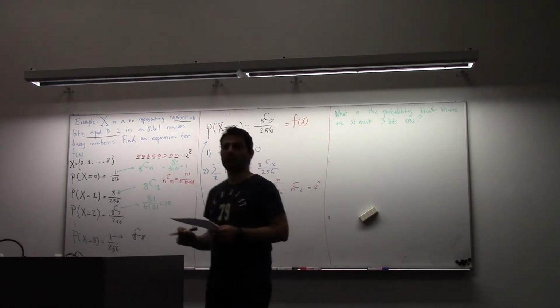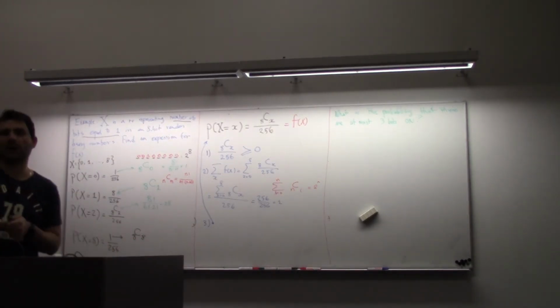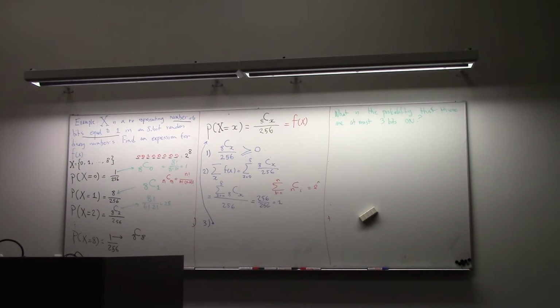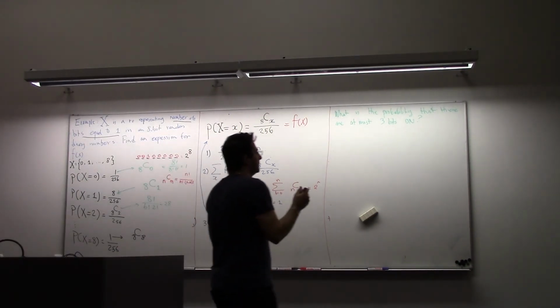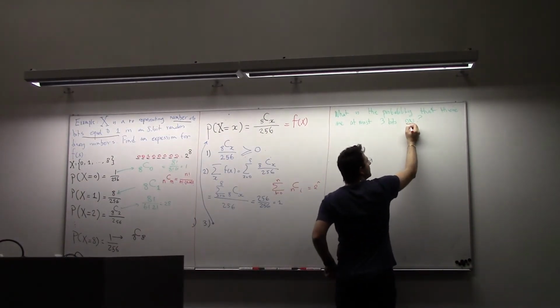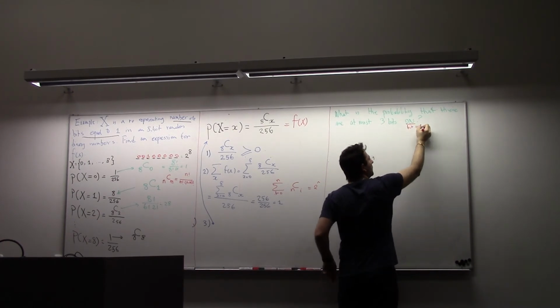We remember that on means 1, off means 0. On means the bit is equal to 1.